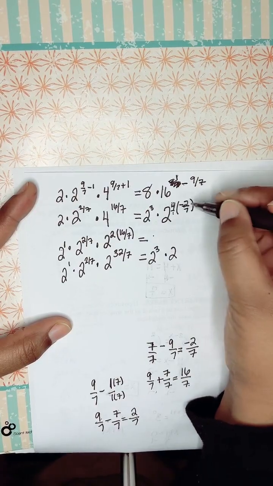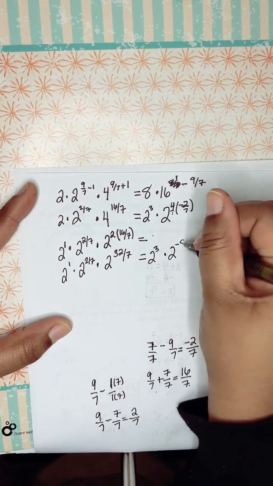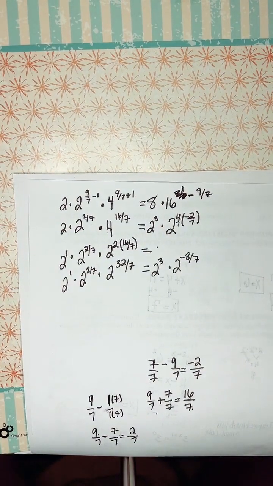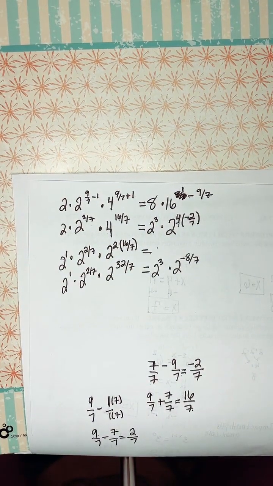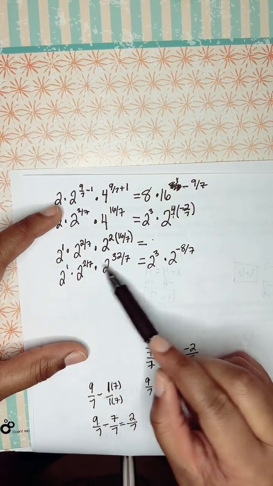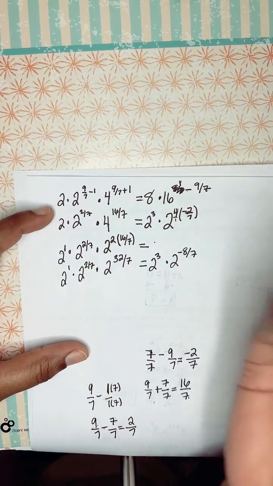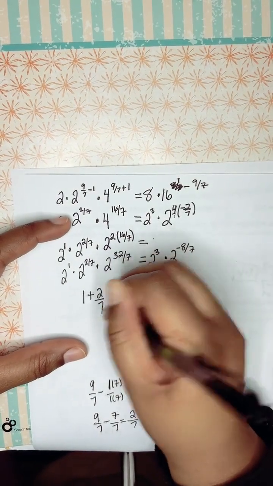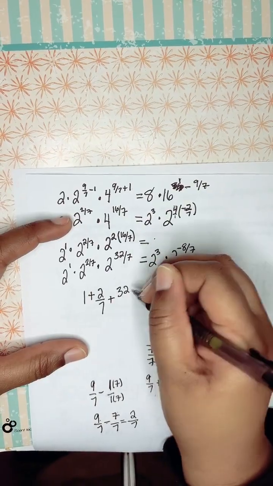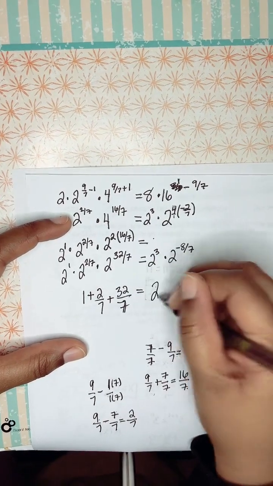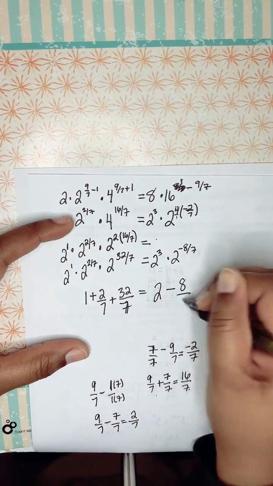Remember this over 1. 4 times a -2 is a -8 over 7. So it's still looking real ugly, right? Now, when we multiply exponents, we add their exponents. So really, we're saying 1 plus 2/7 plus 32 over 7 is equal to 2 minus 8/7.